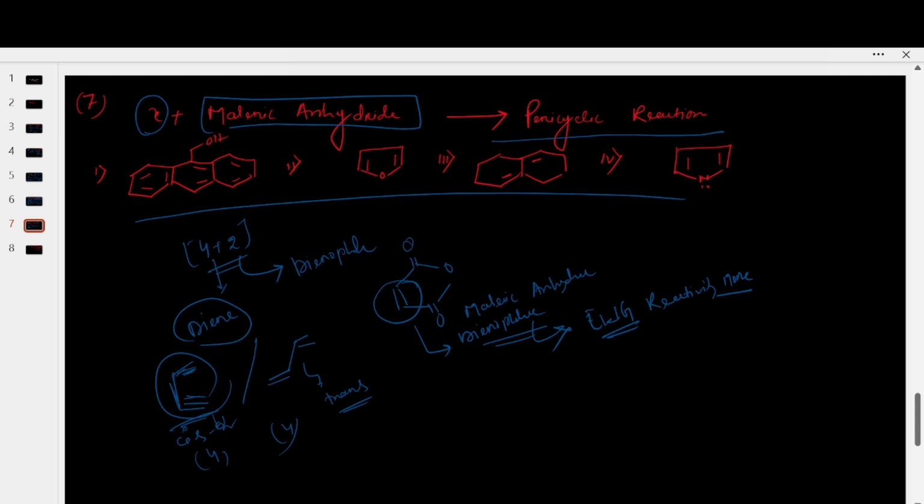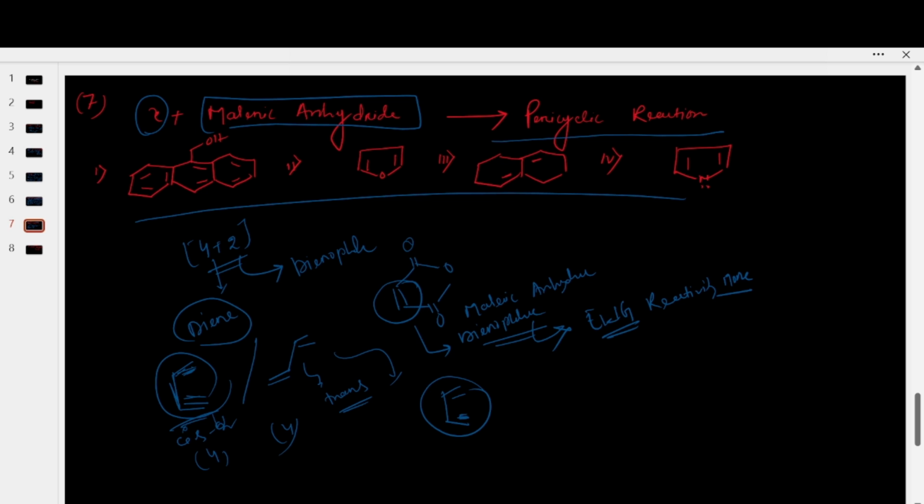Why so? For that you need to understand the molecular orbital diagram of the interaction of the diene and the dienophile. So the trans form gets converted to cis form and takes part in the Diels-Alder reaction. We have to look at the 4 options; it is an MSQ type question, a multiple answer type.